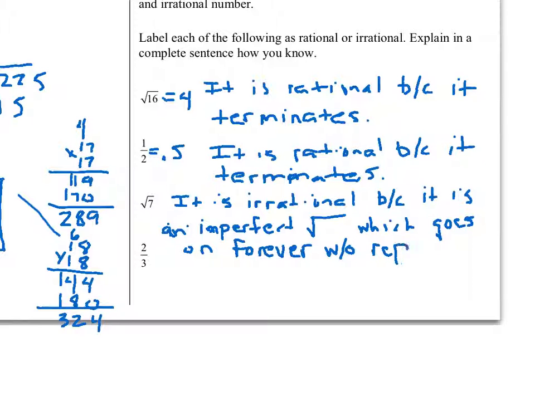So it actually does not repeat. Okay, so imperfect square roots will not repeat, and they go on forever. So that makes it irrational. That is our definition of an irrational number. It goes on forever without repeating.